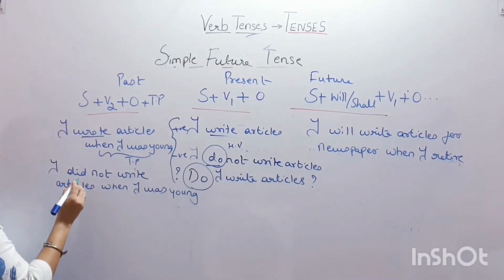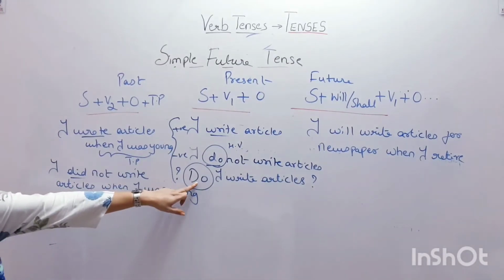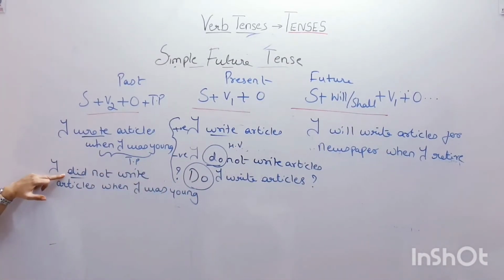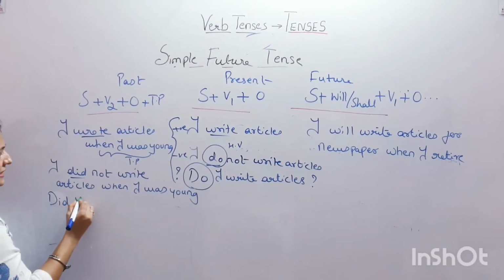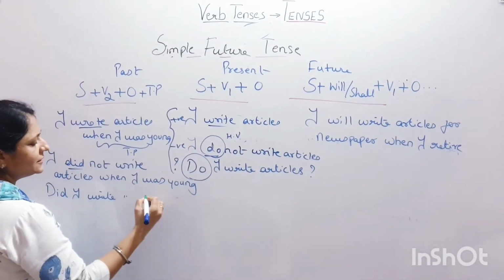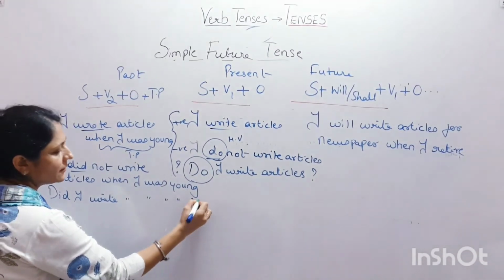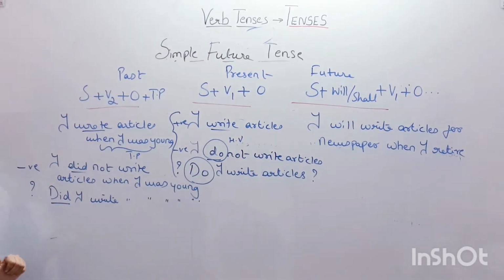Now you just need to notice here that here we have used do, but the past tense of do is always did. What will be the interrogative form? It will be did I write articles when I was young. The sentence is going to be the same. So here this was the positive, this was the negative form, and this was the interrogative form.